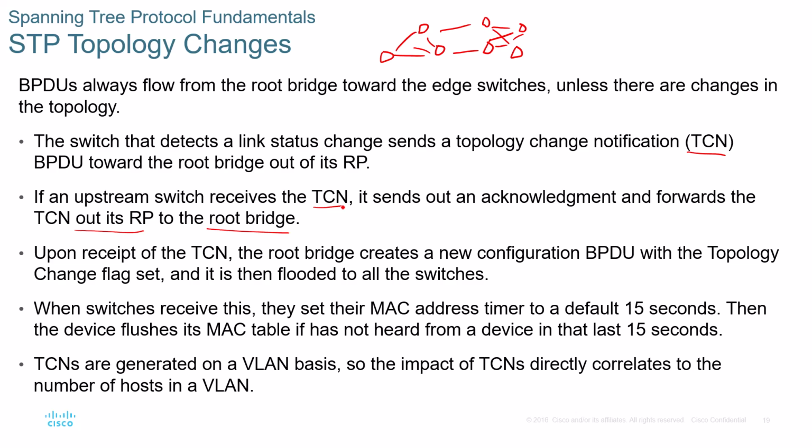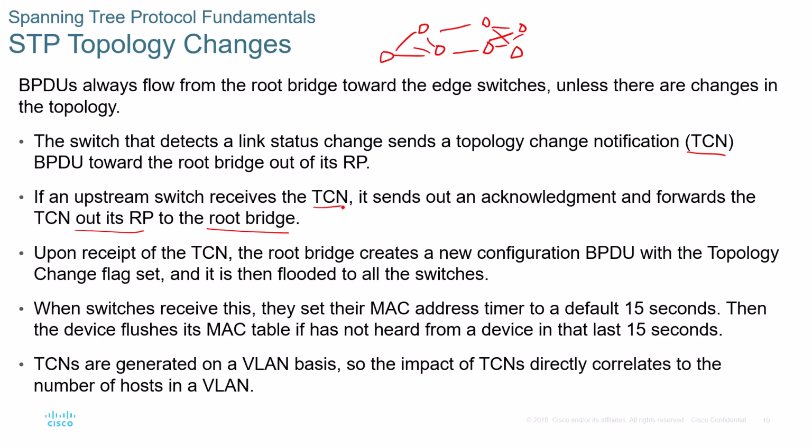When a TCN is received, the root bridge will create a new configuration BPDU. The topology change flag is set, and then it's flooded to all other switches. It's going to change the flow of our layer 2 switching data. When the switch receives this, they set their MAC address timer to the default 15 seconds.